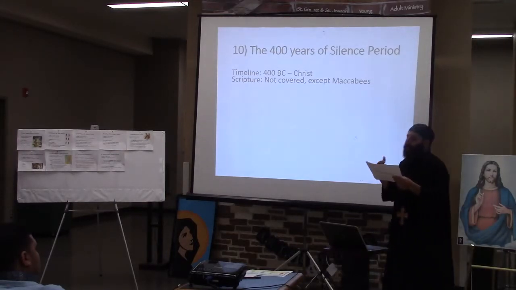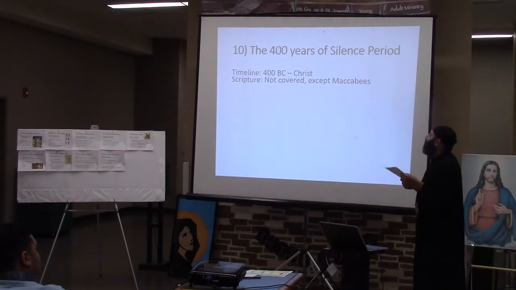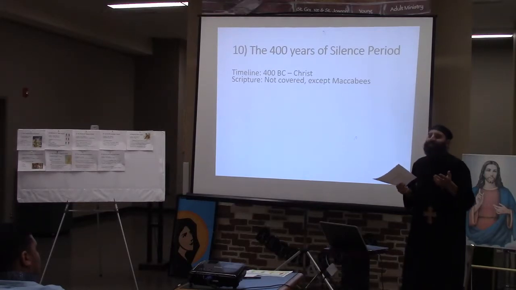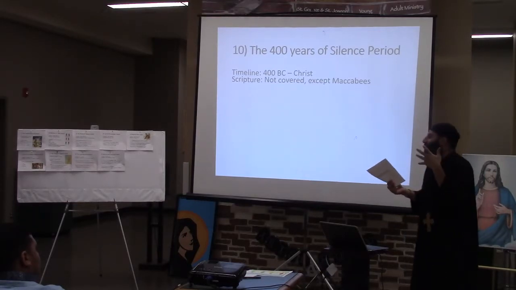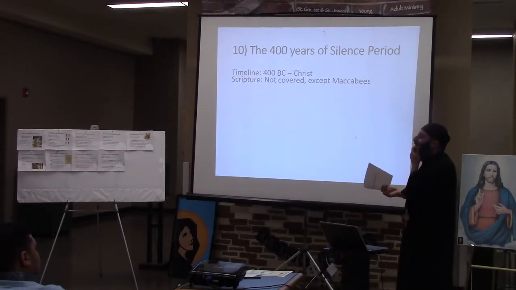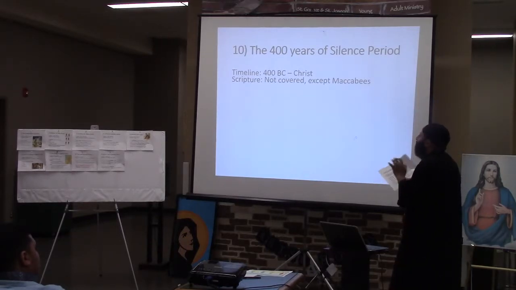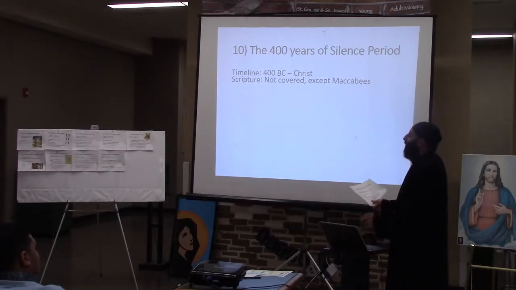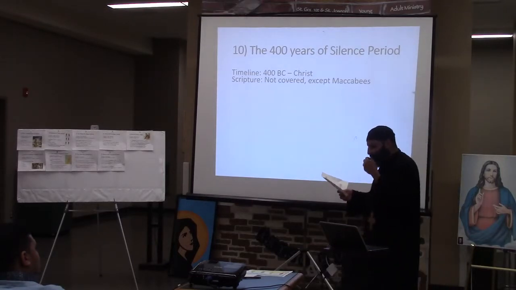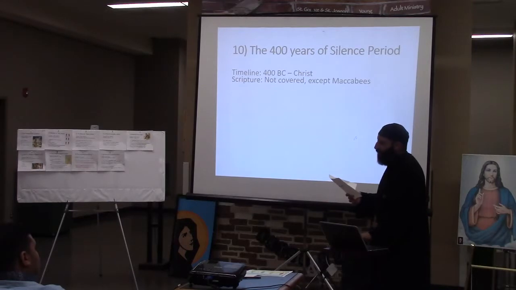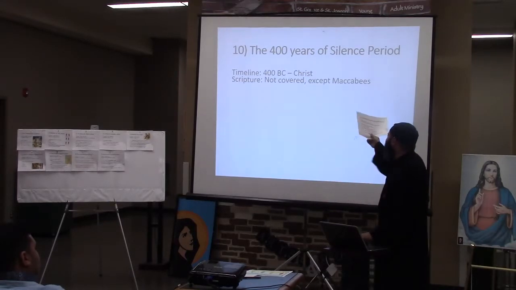It's called the time of silence, or the silence period, because there are no more prophets being sent. There are no more messages coming in, and the people feel that God has left them, nothing for 400 years, and then John the Baptist is the first prophet in that time, and Christ comes right after him.